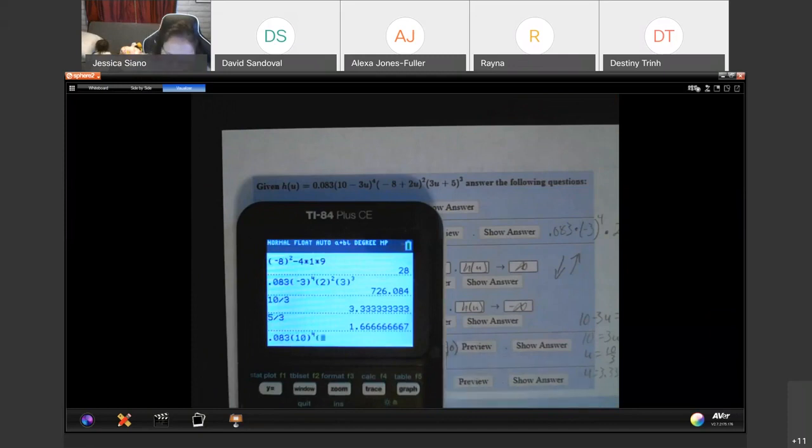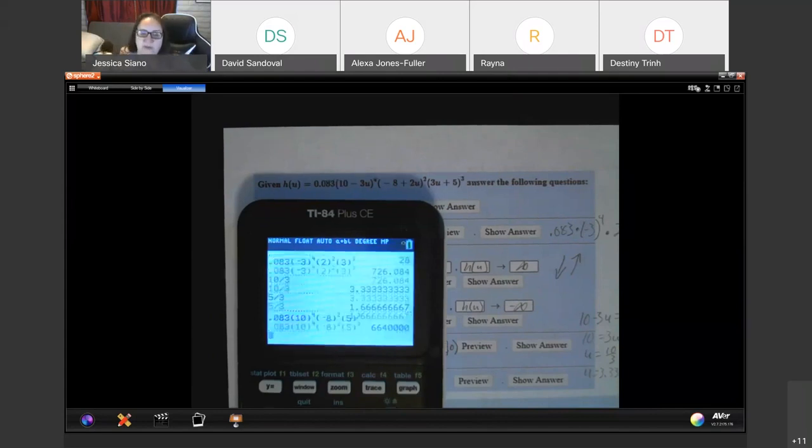And then negative 8 to the 2nd, because again, the 2u there is going to go away when I make u 0. And then 5 to the 3rd, because again, that 3u will go away when I make u 0. 6,640,000.